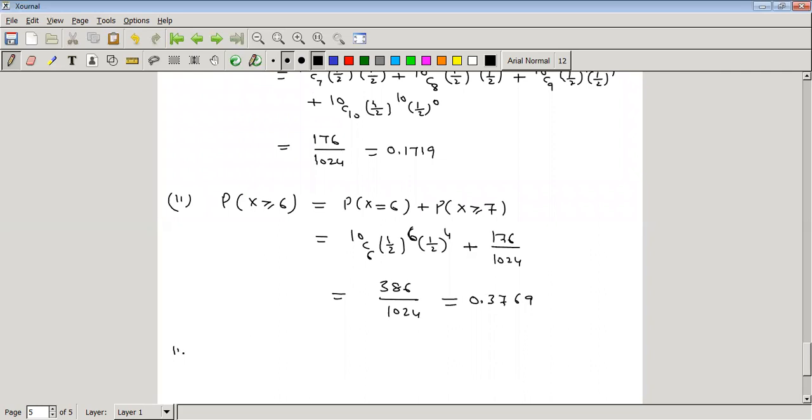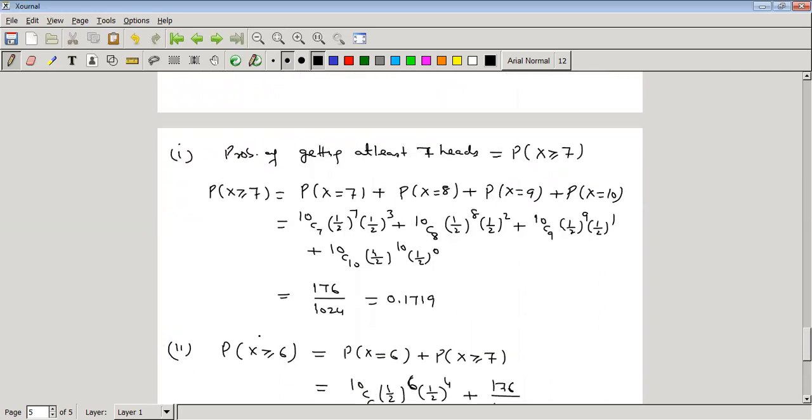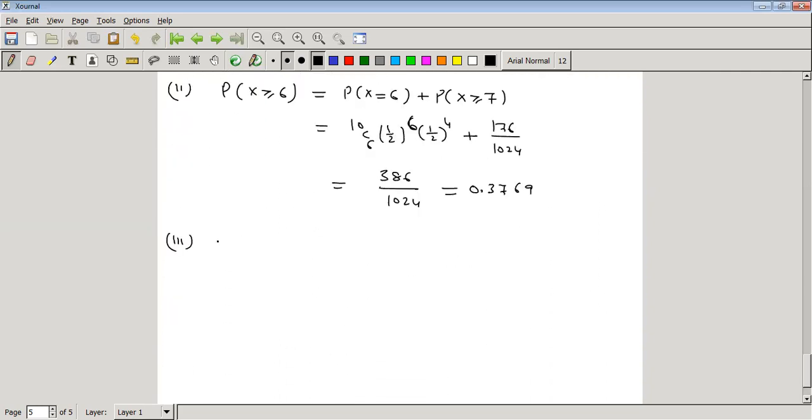The third part is to calculate the probability of at most 6 heads. That is, either we get 6 or less than or equal to 6. We know that P(X less than or equal to 6) means 1 minus P(X greater than 6).